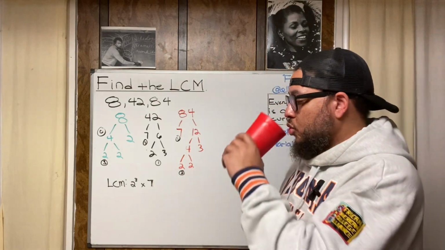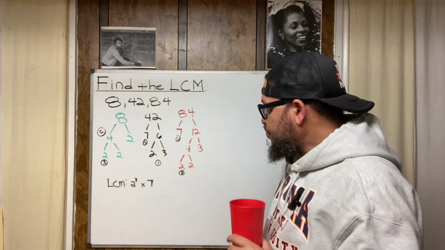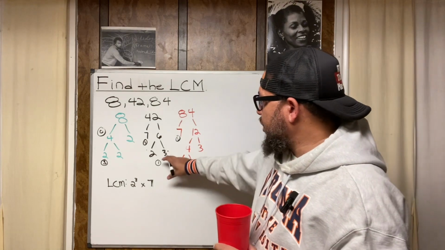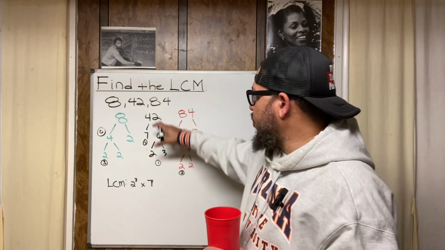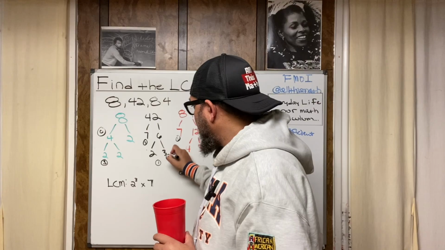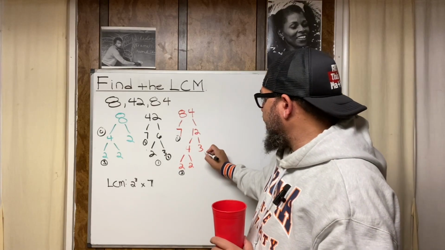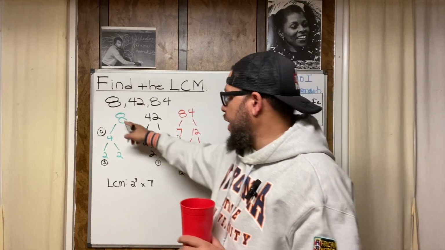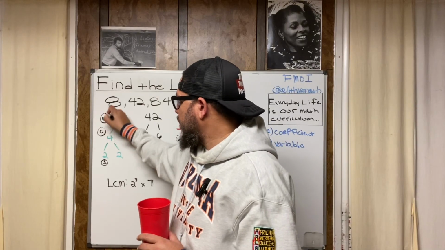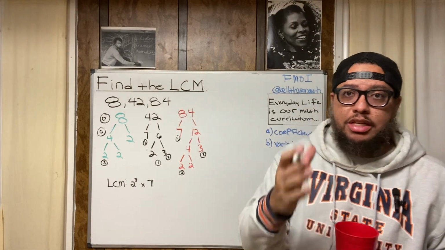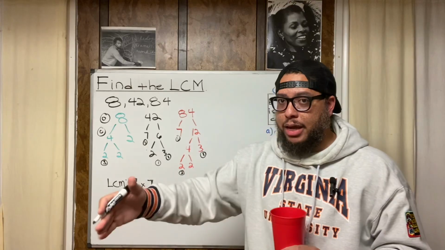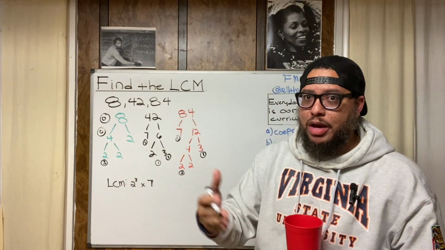All right, now we go into the next factor. I see 3. 42 has 1 3. 84 has 1 3. 8 has 0 3s. So again, the question: what is the maximum amount of blank? That's what you keep asking yourself when you find the LCM.